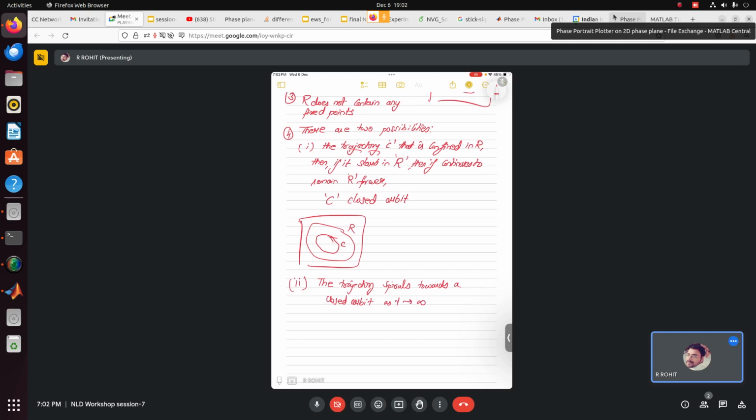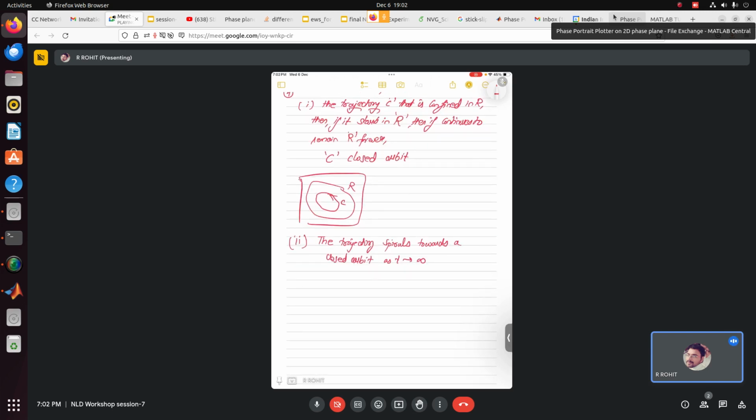Since we have shown that trajectories will not intersect, within a bounded region, if the system is repeating, then C should either be a closed orbit, or in this plane where you have the region R, you have a closed orbit and your trajectory spirals towards this closed orbit.